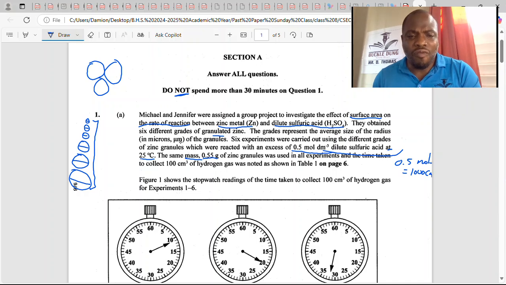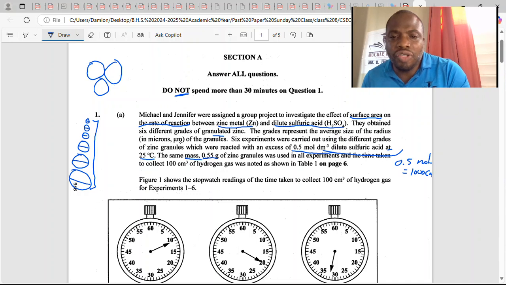So if we want to see how surface area affects the rate in this experiment, Michael and Jennifer have to ensure that they keep these other factors constant. The next thing, the 0.5 moles dm cube of this dilute sulfuric acid. This is how concentrated the sulfuric acid is.